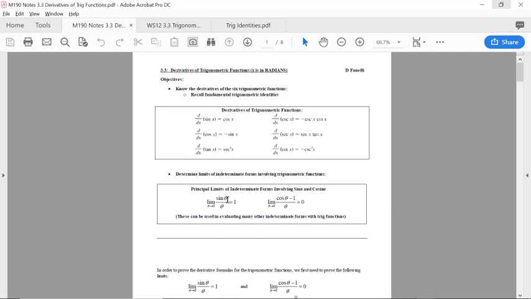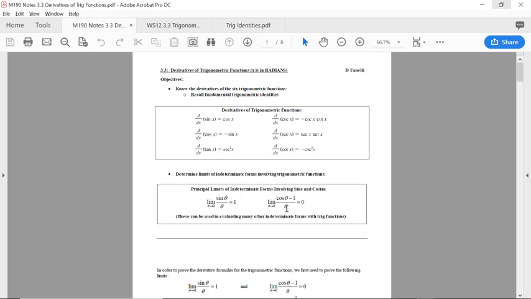And then we'll need to use it in actually deriving these formulas for the derivatives of trigonometric functions. The other limit also would be in indeterminate form. The cosine of 0 is equal to 1. So if you plug 0 into the numerator here, you get 1 minus 1, which is 0, divided by 0. So 0 over 0 in indeterminate form. It turns out that this limit here is equal to 0. Okay.